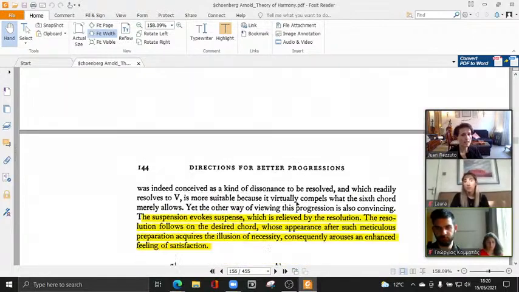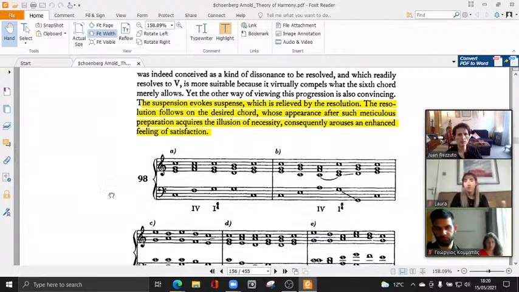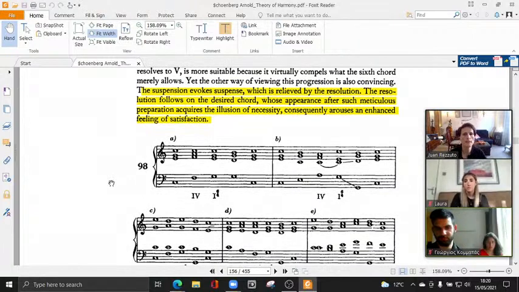Now, a little bit forward, here we say the suspension evokes suspense. This is kind of the definition of the 6/4 chord in the cadence, specifically in the tonic. The suspension evokes suspense, hence the word, which is relieved by the resolution.